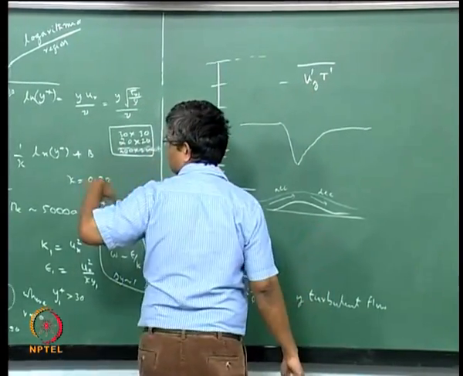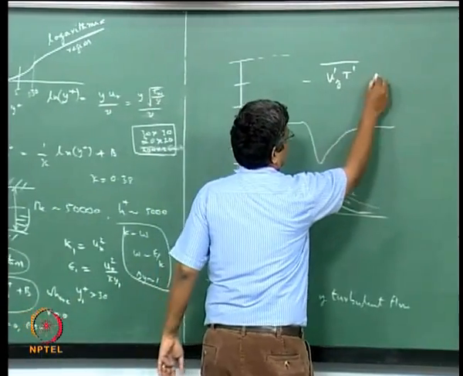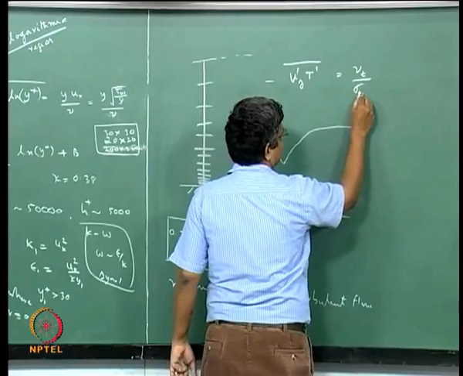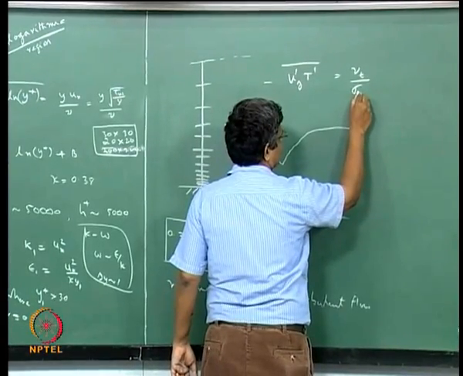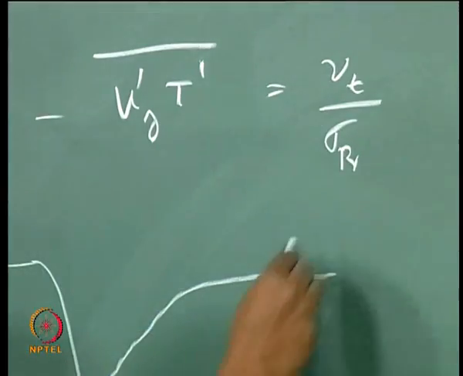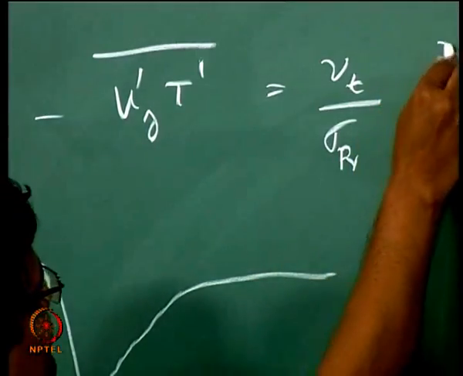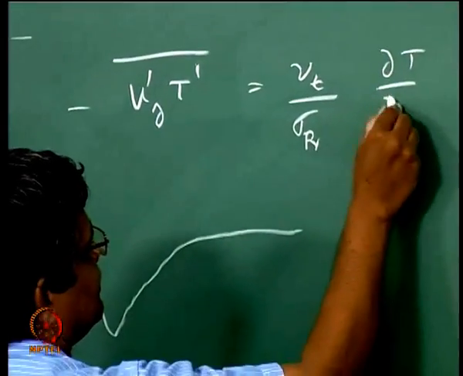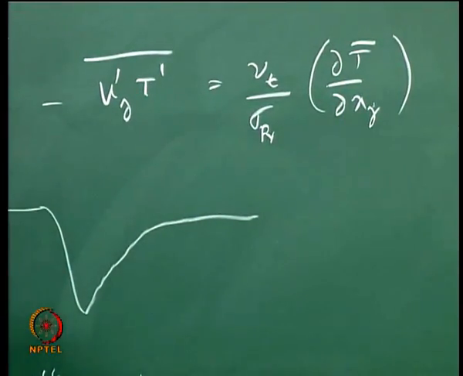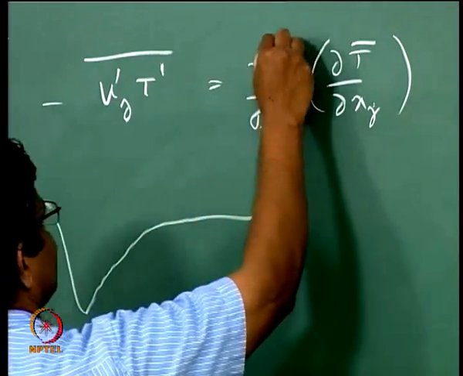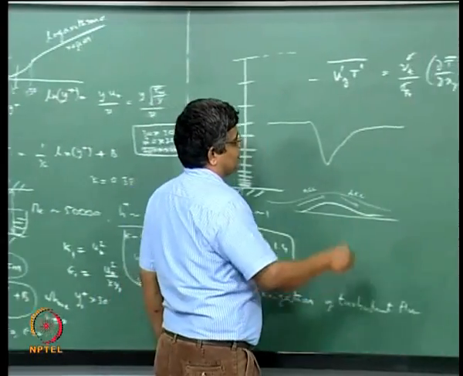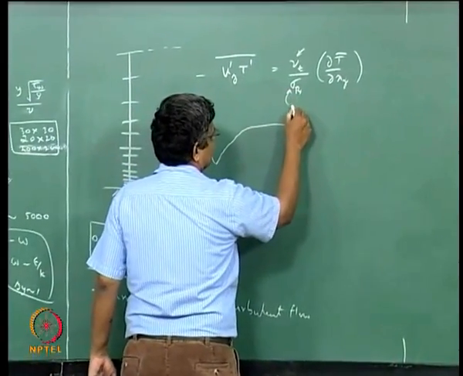This is modeled in a very similar way, represented as nu t divided by the turbulent Prandtl number, times dou T bar by dou xj. This nu t is already calculated as part of the solution of the momentum equations, and the Prandtl number value here is roughly of the order of 1.